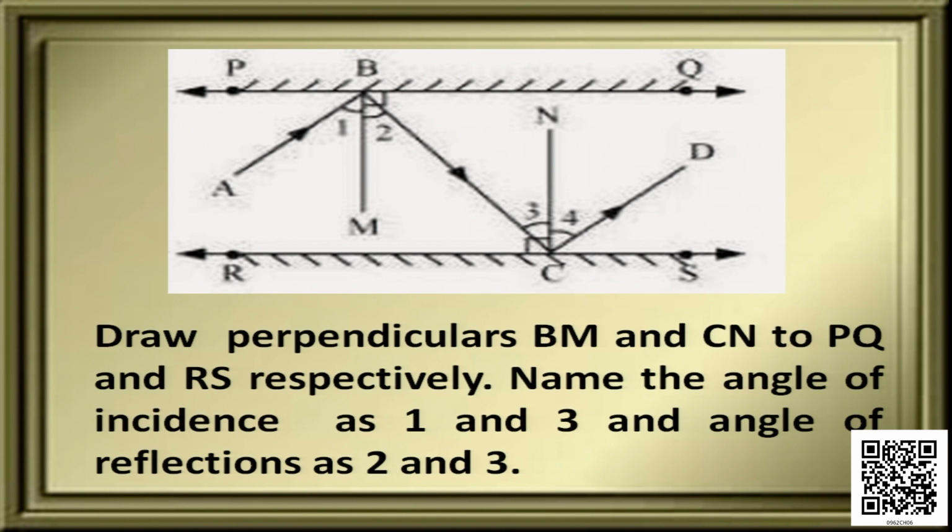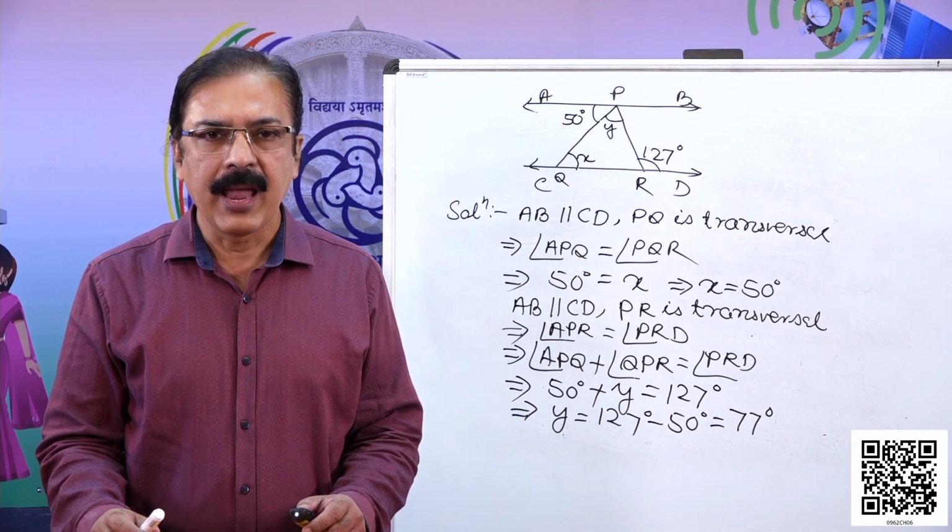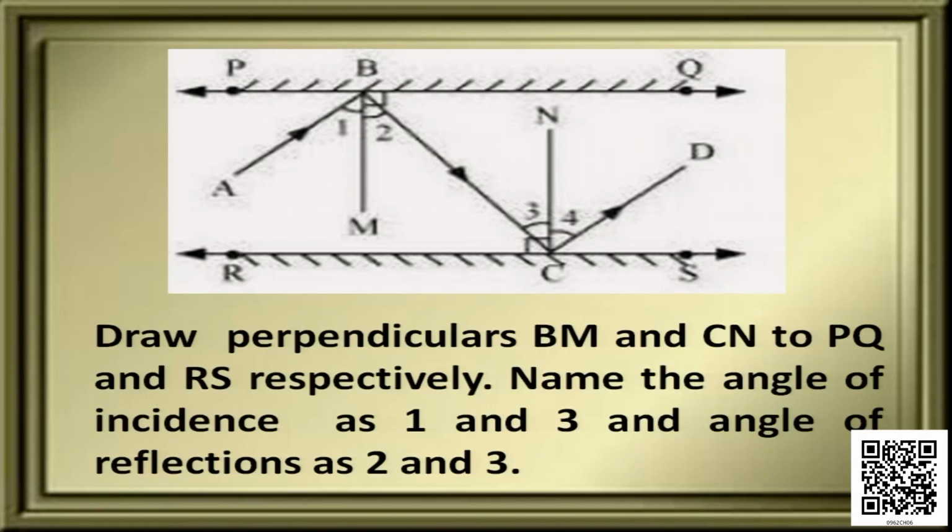In such a case, angle ABM is the angle of incidence and MBC is the angle of reflection, and these two are equal. Similarly, BCN is the angle of incidence and NCD is the angle of reflection. So angle 3 and angle 4 are also equal.